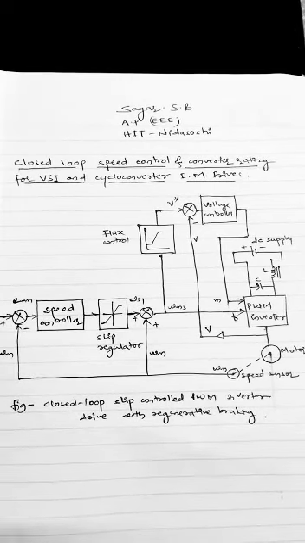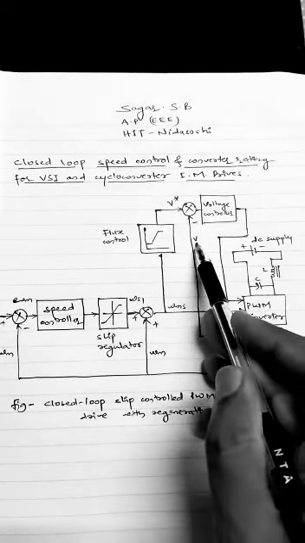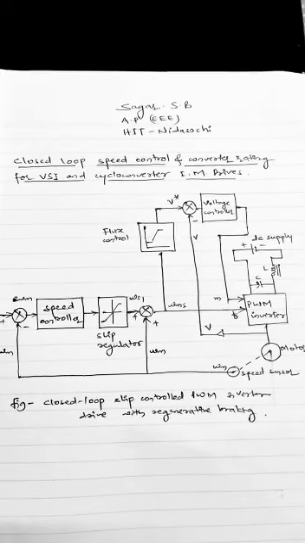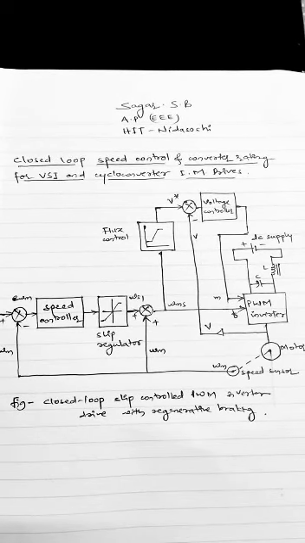The reference signal for the closed loop control, that is the machine terminal voltage V, is generated from the frequency using a function generator, and this ensures nearly constant flux operation up to the base speed, and the operation will be at constant terminal voltage above the base speed also.